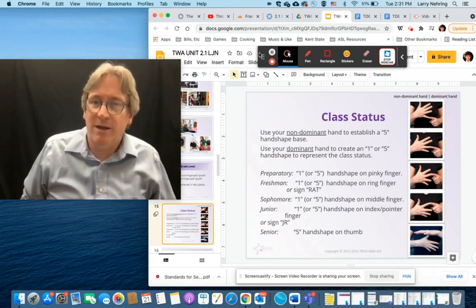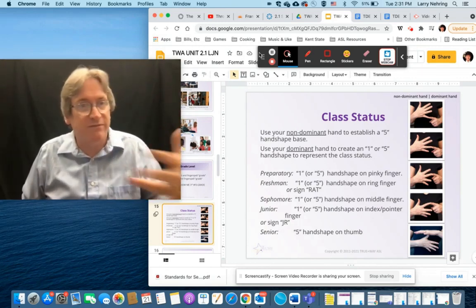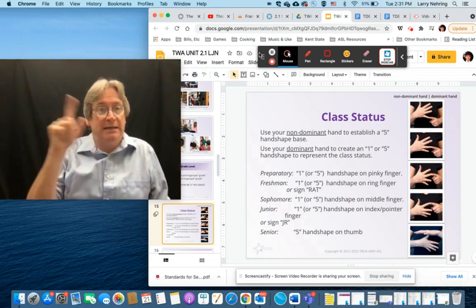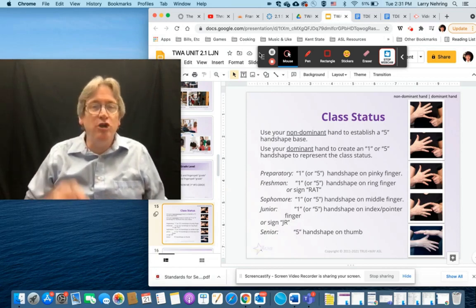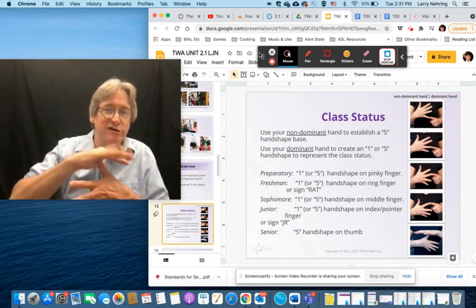So they had their own kind of nicknames for the different levels. Rat, I think, is what they call them at Gallaudet. Freshman. So nice, right? Then junior, you can fingerspell JR, junior. Senior is always like this.